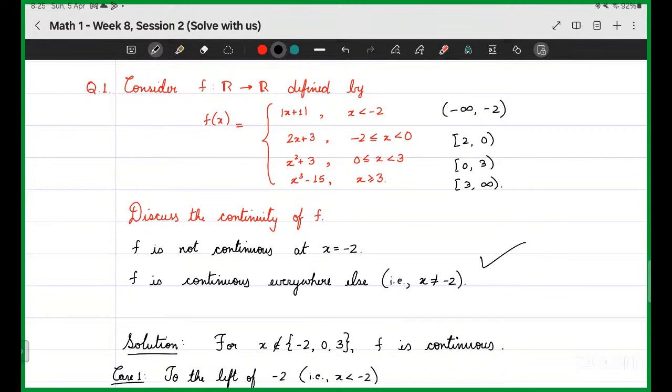Because if we differentiate and substitute the value, it may give a different value for f of x. No. So what I'm saying is, what about at x equal to 1, for instance? Is it differentiable or not?